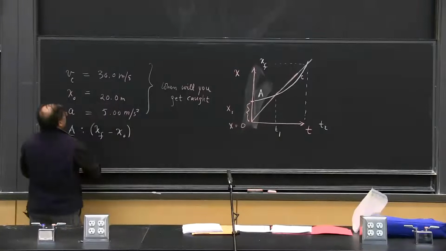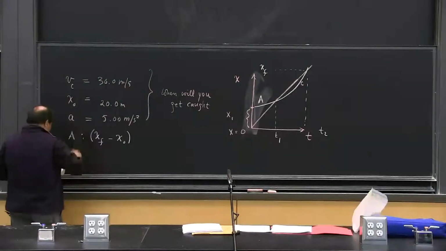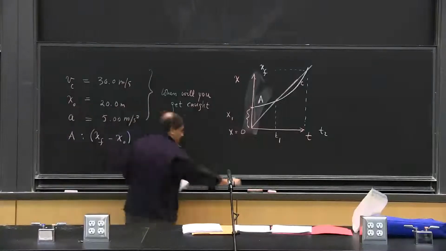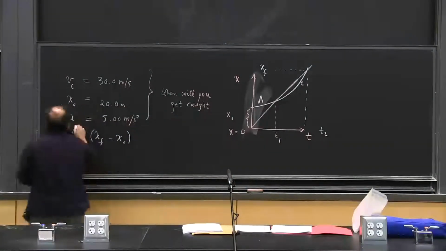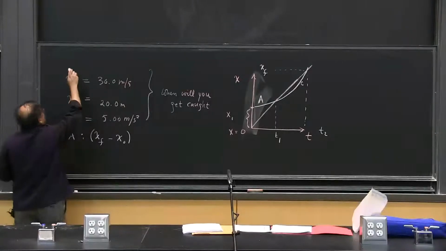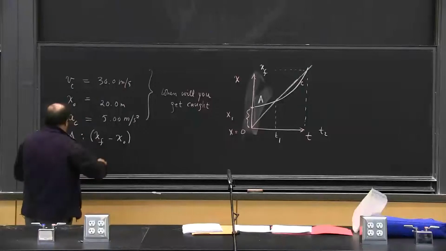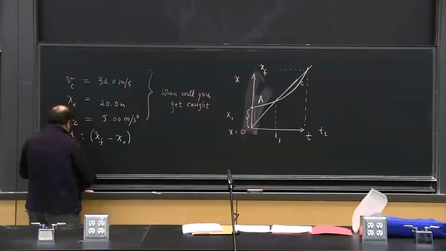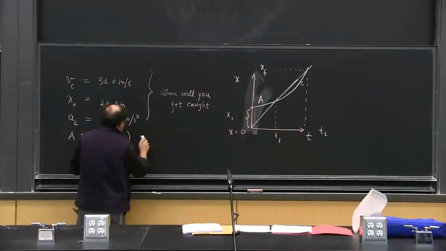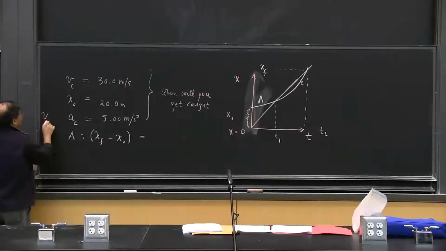So I'll put a C here, just to be clear, for the cop. Let's go ahead. The initial velocity of the cop is 0. So v0 of the cop is 0.